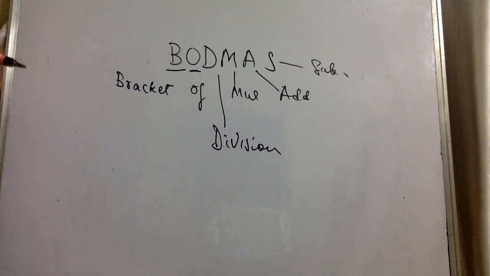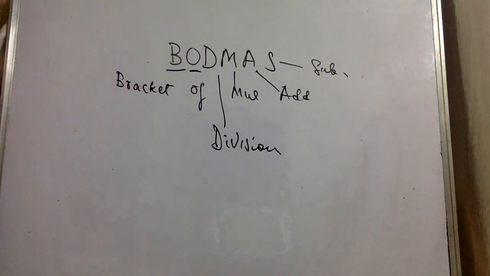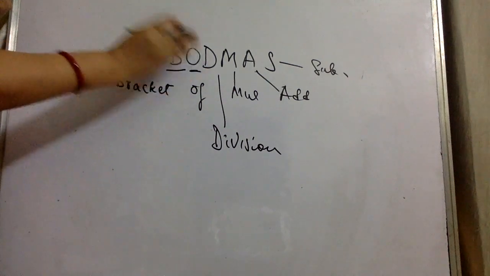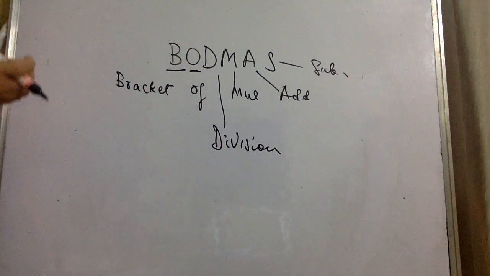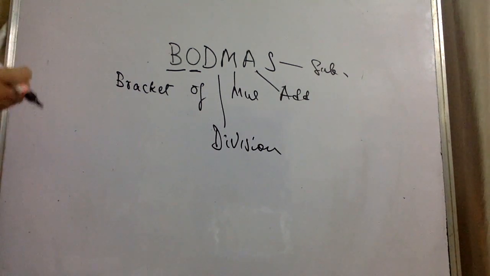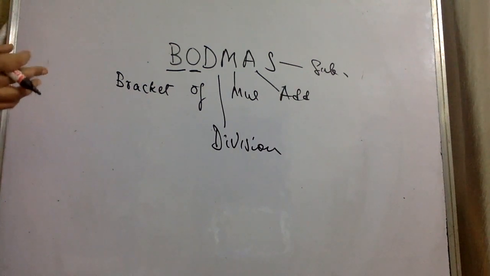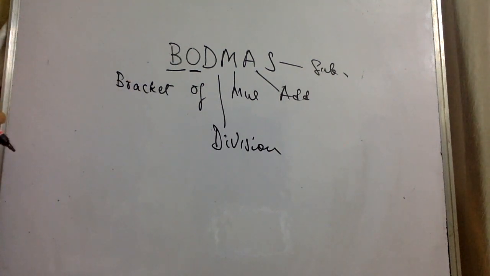We'll see how to do that. Division has to be solved after we are done with bracket and off. Then comes multiplication, then addition, and lastly subtraction. We have to remember this sequence. That is why we learn the word BODMAS, so that we can always remember the sequence.